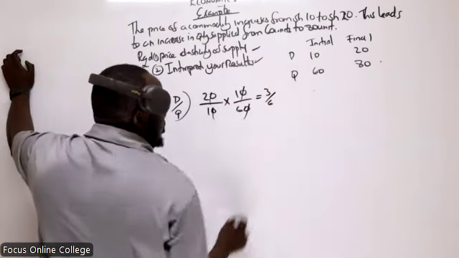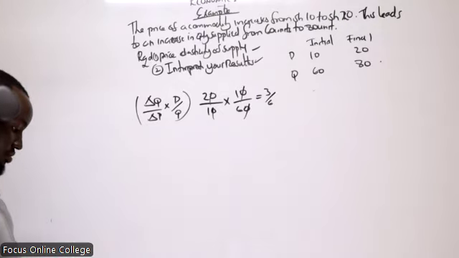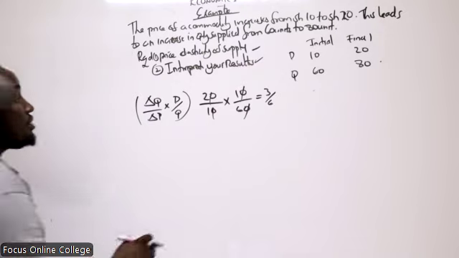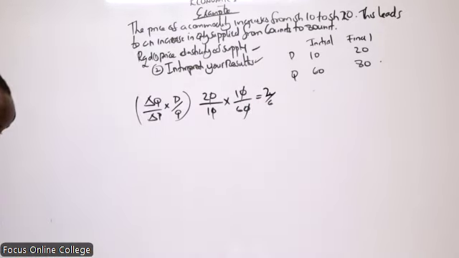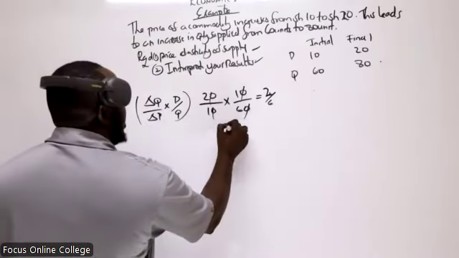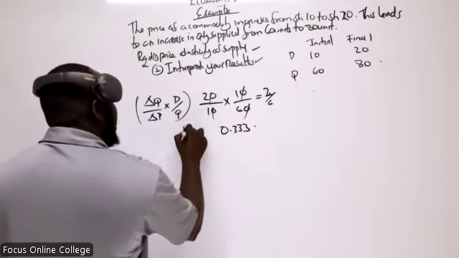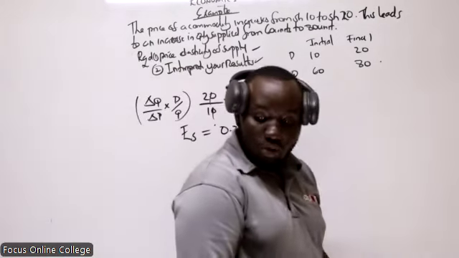So 2 over 6, that is 0.33. So this is inelastic because it is less than 1.